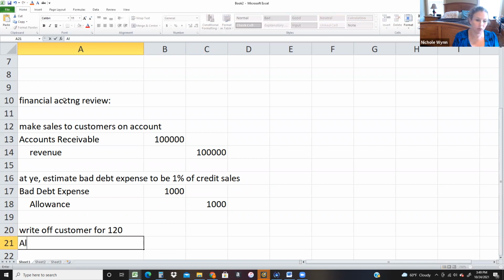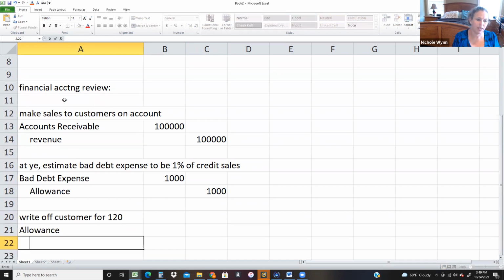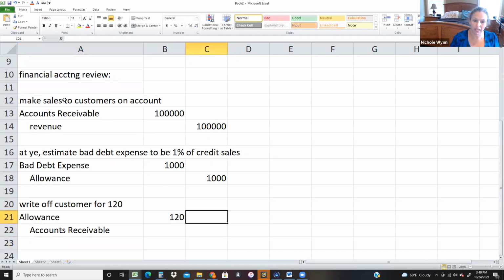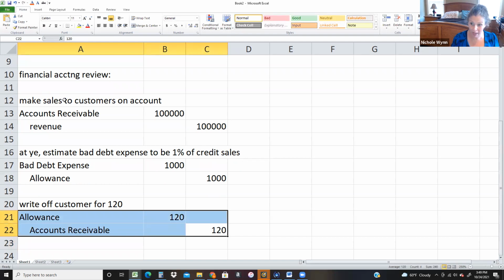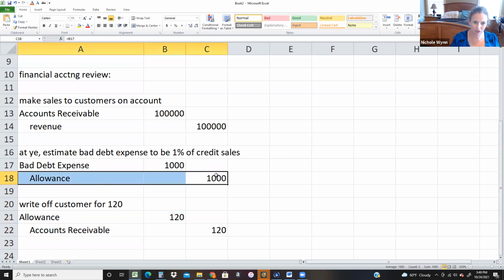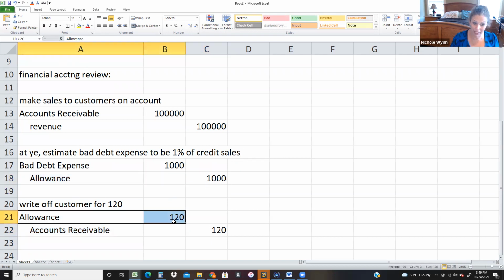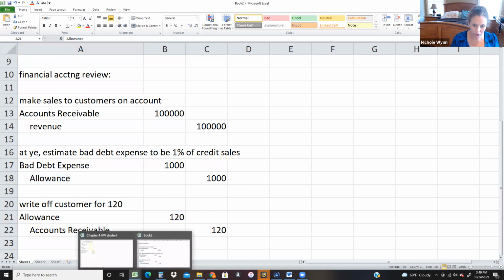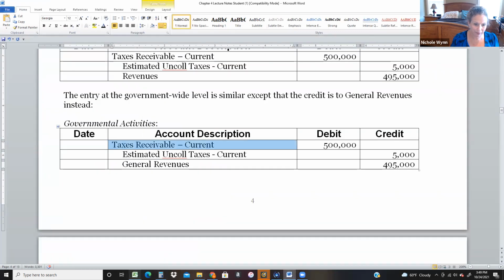So at that point, then we debit the allowance and we credit accounts receivable. We are no longer going to receive the 120. We decide to write it off. So you get rid of the receivable because you're not going to receive it anymore, and you debit allowance because we planned on that. So we put it in this contra asset account, and now it's just happening. So back over to here, same idea.